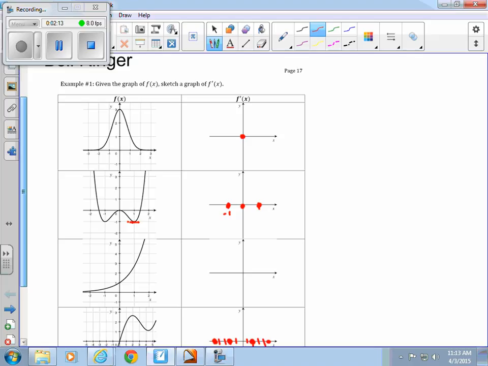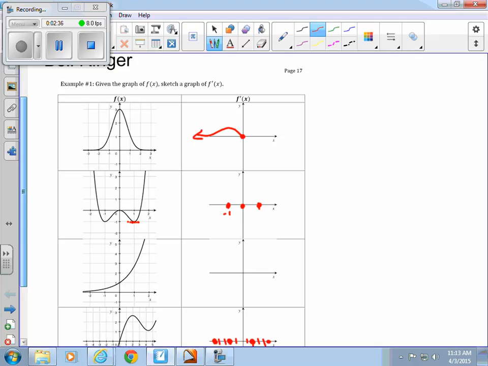Slope is 0, a little more than 0, a little more than that, a little more than that. And then close to 0, I start to decrease again. So I go up and then back down. And wherever that concavity changes is where that happens.